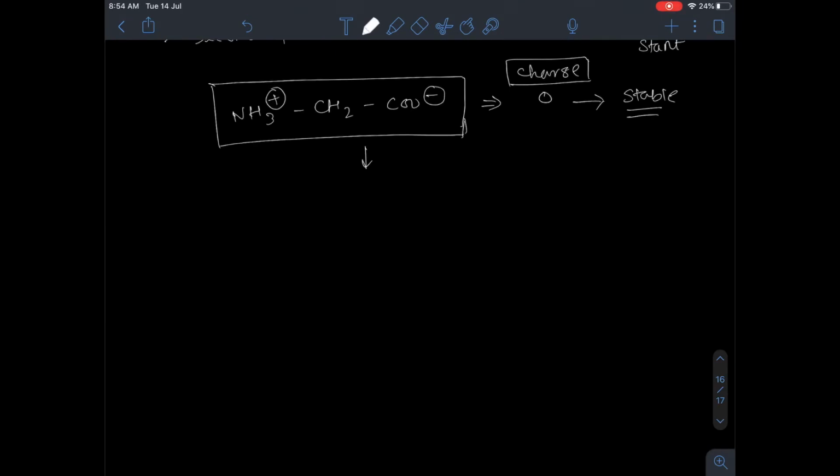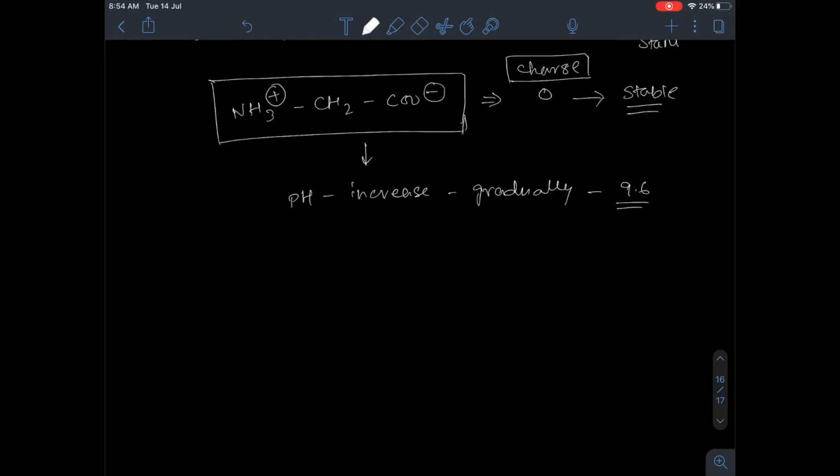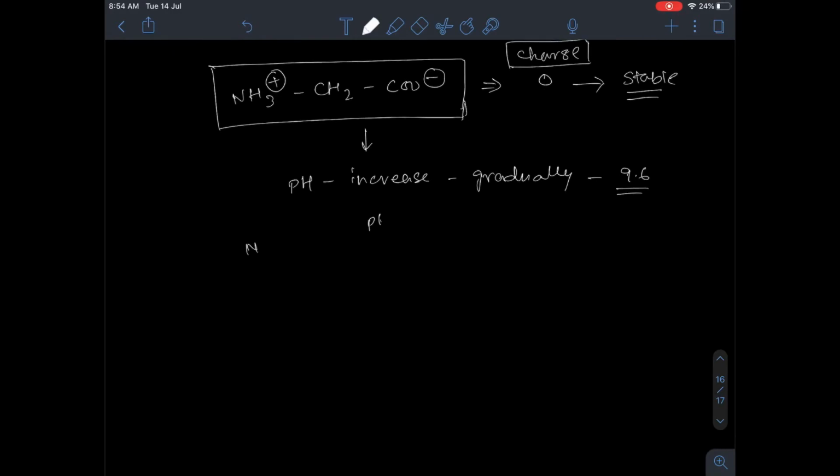Now we'll discuss point 3. pH is again increasing gradually and it reaches 9.6. In this state pH is quite high and H+ ion concentration is quite low. So one proton from this NH3+ will start being removed.